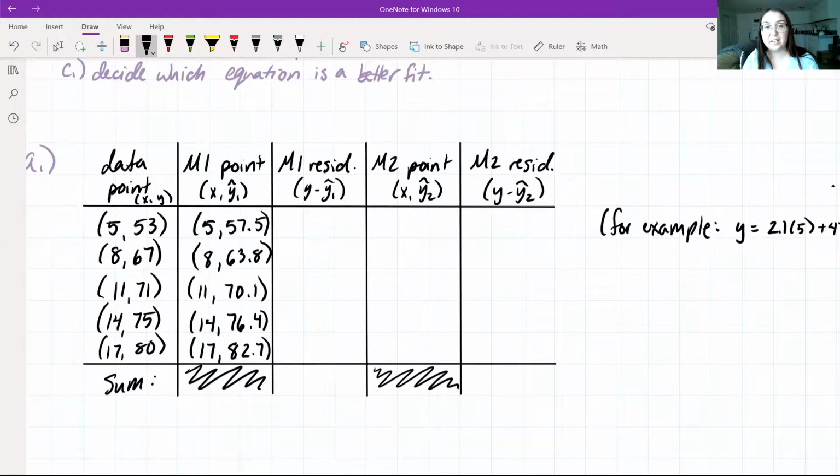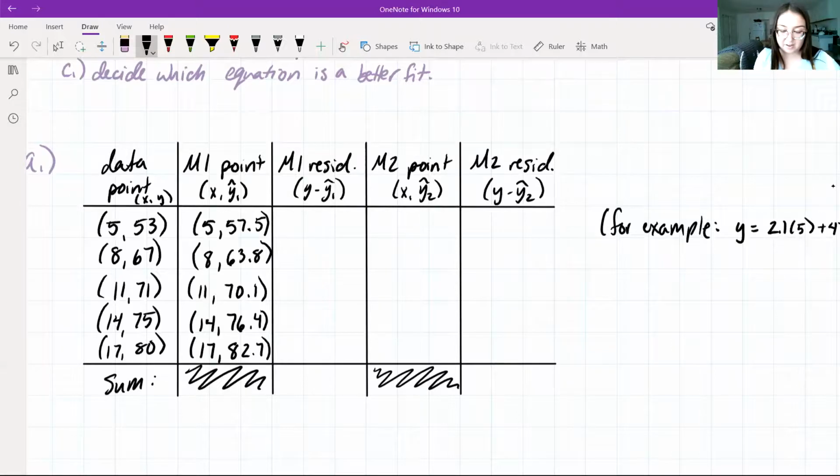So we calculated our points. Now we can find each residual. So remember, there's a residual for every data point. What we're doing is we're going to end up summing them together. So, like we said before, all we need to do is subtract y1 hat from y. So we're doing 53 minus 57.5.